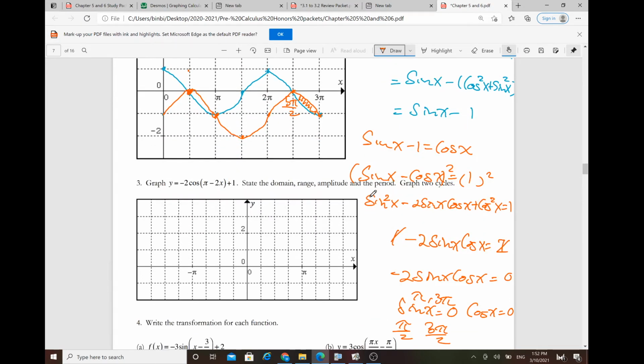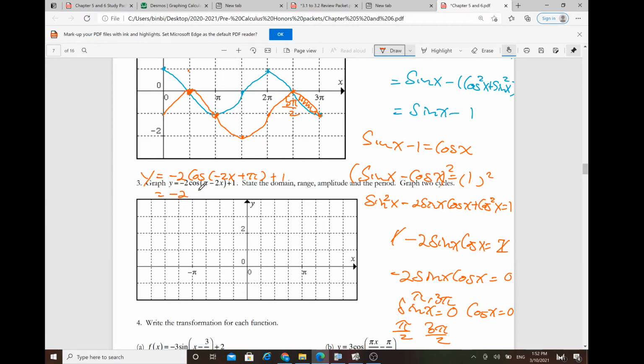Okay, so now let's see what else. Graph the function, state the domain, range, amplitude, period, graph 2 cycles. So similar to what we did last year, but this one you can always rewrite it in ultimate form. So y equals -2 cosine of (-2x plus pi) plus 1. And also take out that -2.